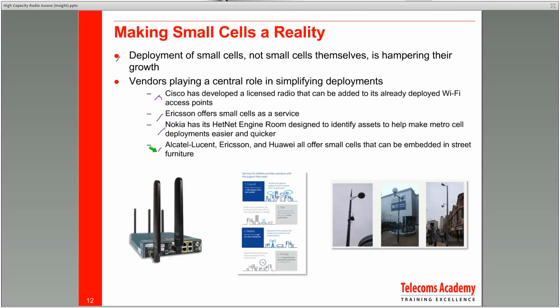So the vendors are trying to make it as easy as possible for the operators to deploy these small cell systems, because despite its deployment difficulties, it's a very, very good way of enhancing network capacity. Don't forget that one of the main reasons small cells provide us with more capacity is that if the cell itself is smaller and you are covering less square meters on the ground, of course there'll be fewer people in it.